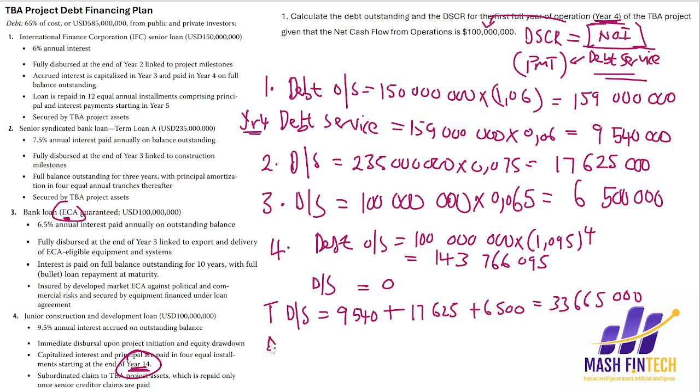Hence, the debt service coverage ratio is the net operating income, which is 100 million, divided by this 33,665,000. Then if you divide these two numbers, you should get the debt service ratio equal to 2.97, and this becomes your answer.